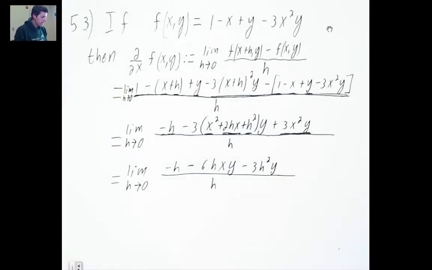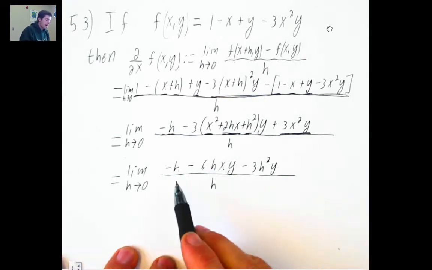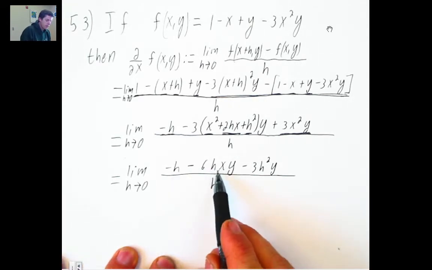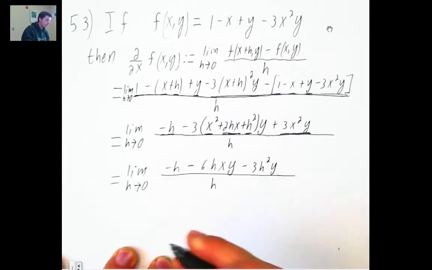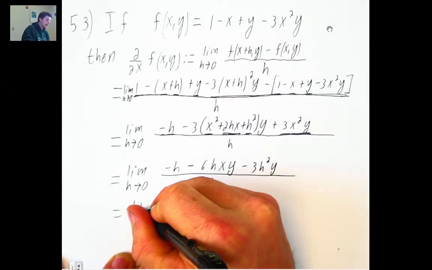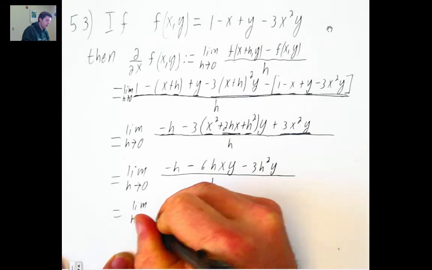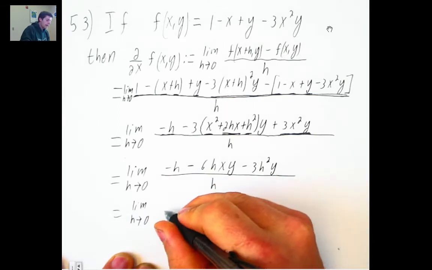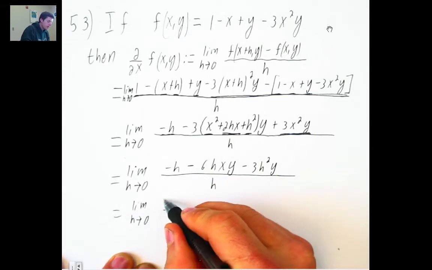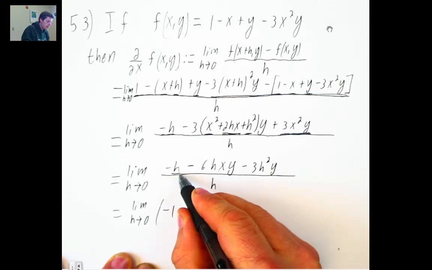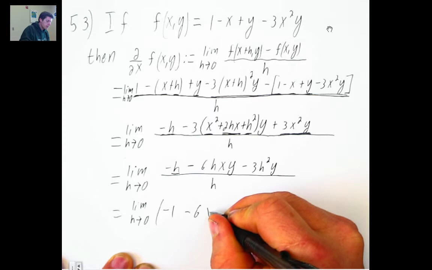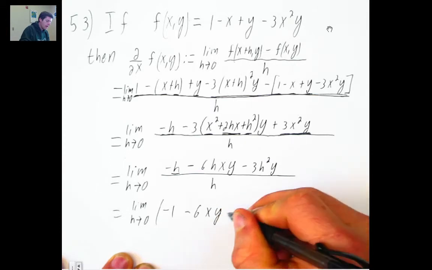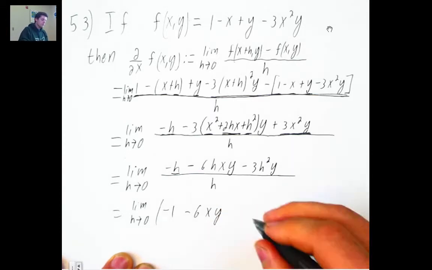Now, it occurs to me that I have an h in every single term up here, and in this term I have 2. So I could write this as the limit as h goes to 0 of negative 1 for this term, minus 6xy. I've canceled the h.